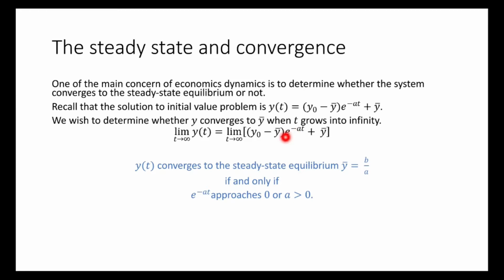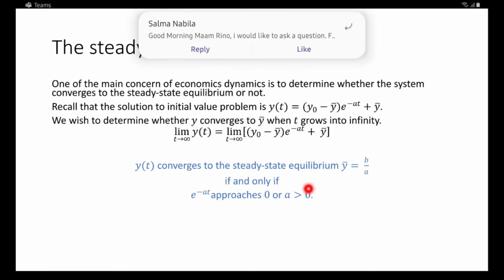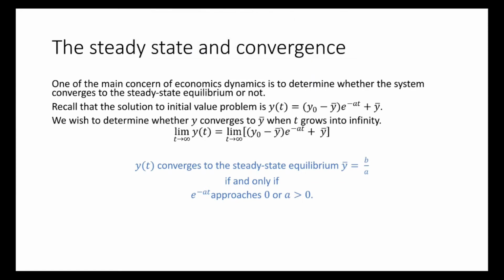Then we have e to the power of something positive, and as t gets larger, this term will also get larger. So y t converges to the steady state value y bar, which is equal to b over a, if a is greater than 0.